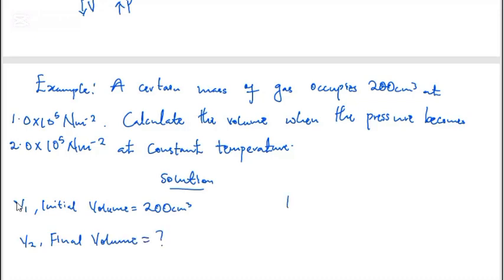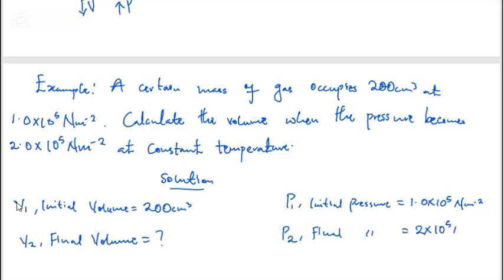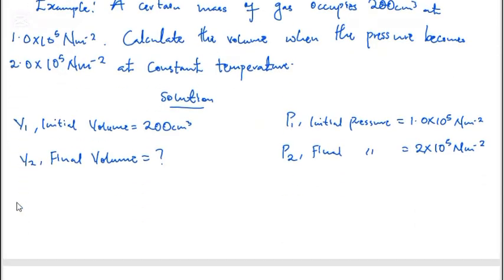Then your initial pressure P1 is equal to 1.0 times 10 raised to the power 5 Newton per meter square, while your final pressure P2 is equal to 2 times 10 raised to the power 5 Newton per meter square. So basically you have your data given and you are looking for your final volume.